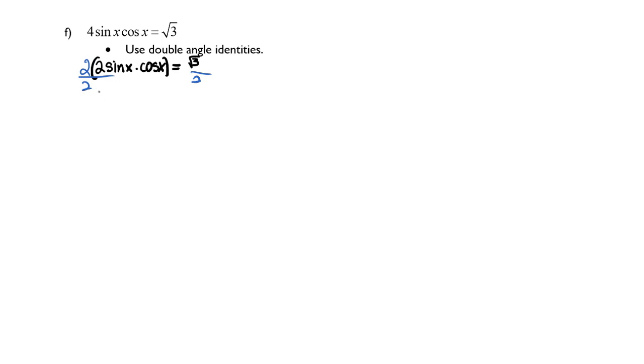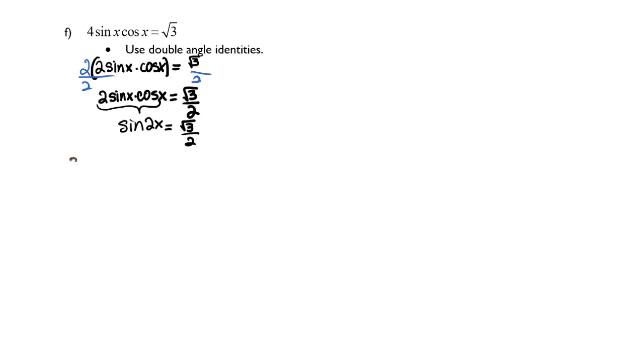and that should give me something that I'm familiar with. I have 2 sine x times cosine x equals the square root of 3 over 2. From here I can replace 2 sine x cosine x with sine of 2x. There's my double angle identity coming into play, and now we have square root of 3 over 2 equals sine of 2x.